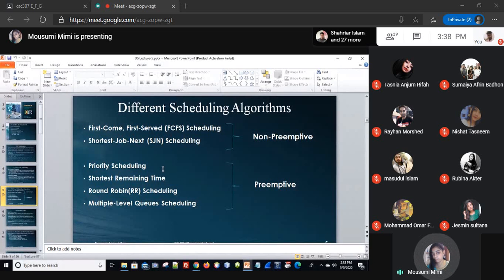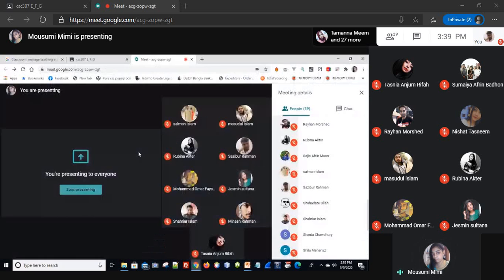The second boundary is I can buy 2 books from geography, 2 books from mathematics, 2 books from Java. Now, this scenario directly represents the round robin scheduling algorithm. Do you clear, Rubina? Yes, ma'am.